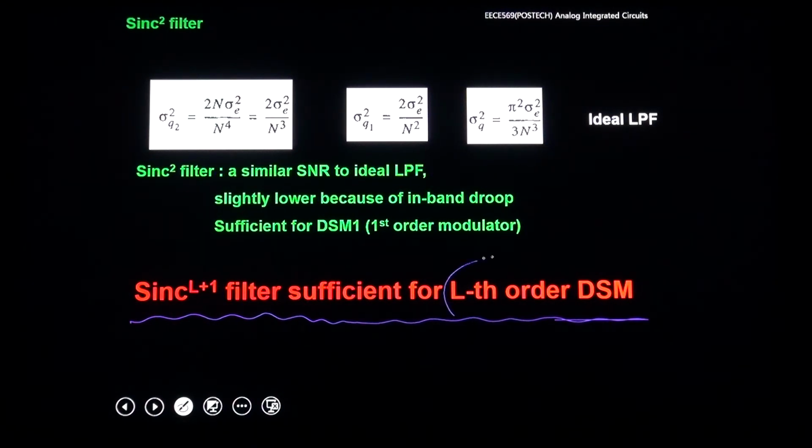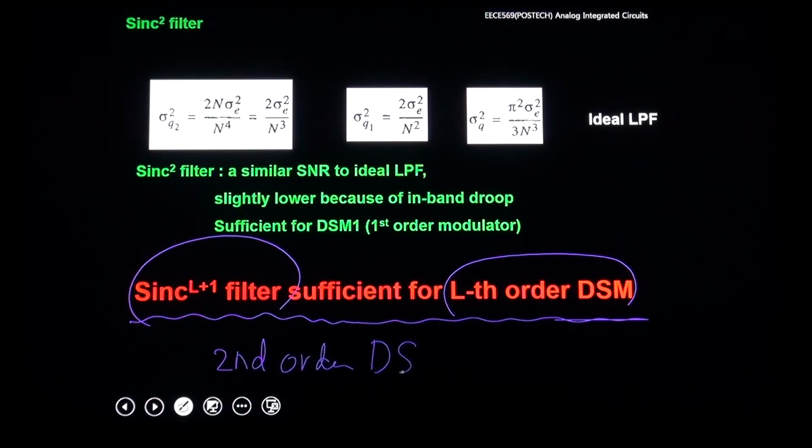If we have an L-th order delta sigma modulator, I mean, an L-th order delta sigma modulator needs an (L plus 1)-th order sinc filter. That's good enough. If I use a second order DSM, then I need a third order sinc filter. That's the conclusion.